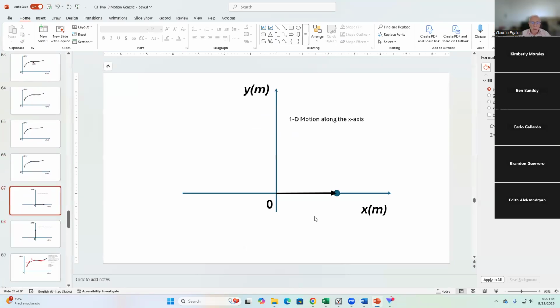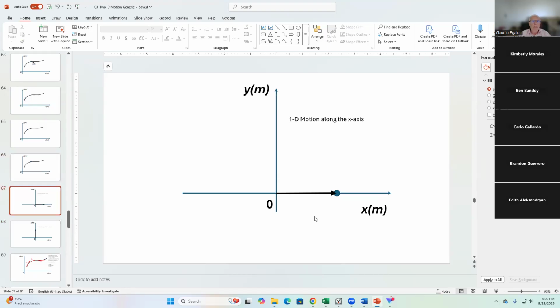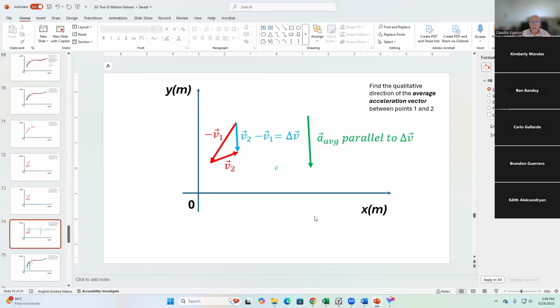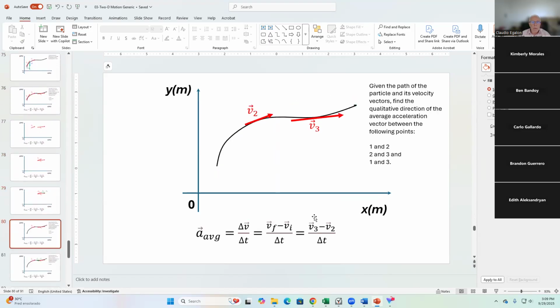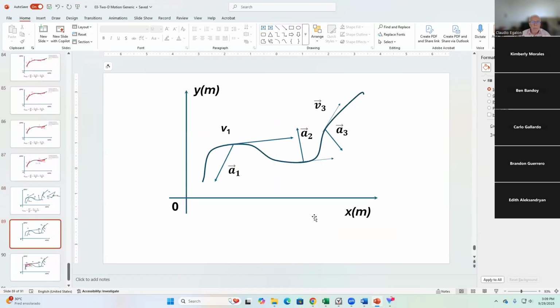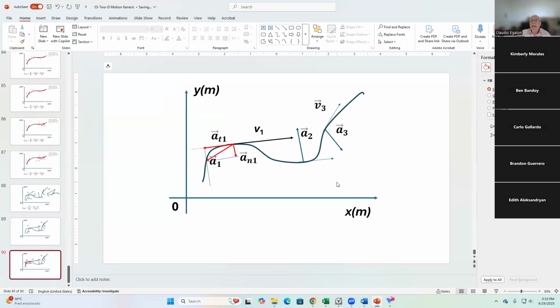Let's get our drawings here. Okay, different acceleration vectors. Visualizing. Okay, I gotta get another one.